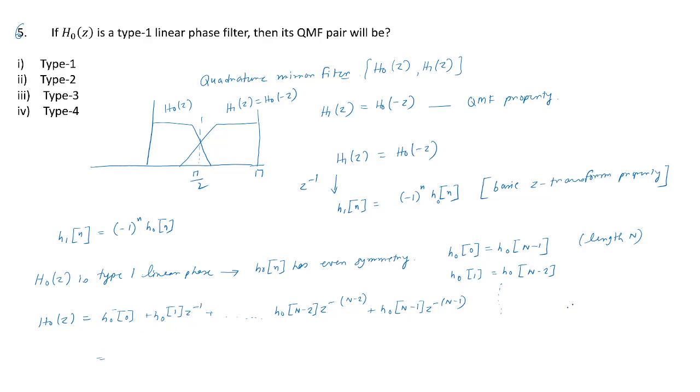And we can use this property to write it as h0(0) plus h0(1) z^(-1) and so on. These values are just going to be repeated from the end like this.